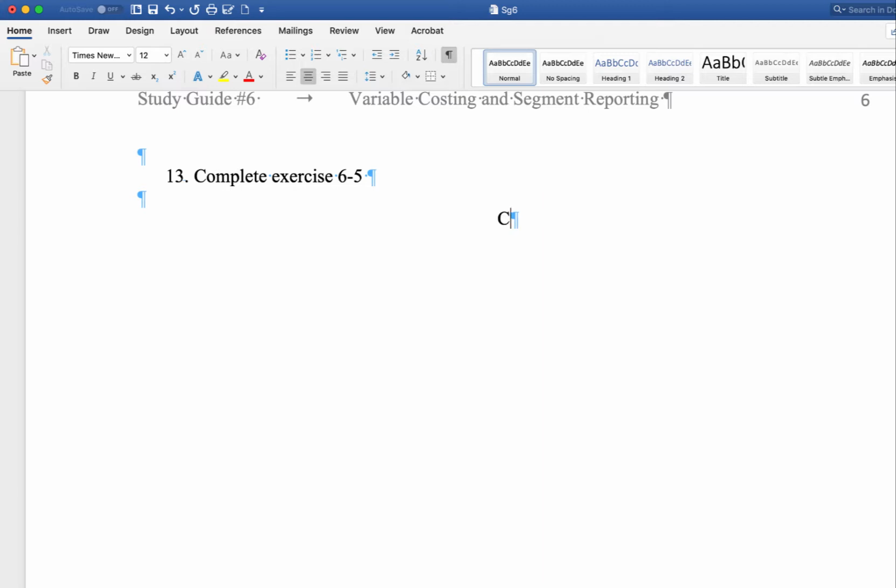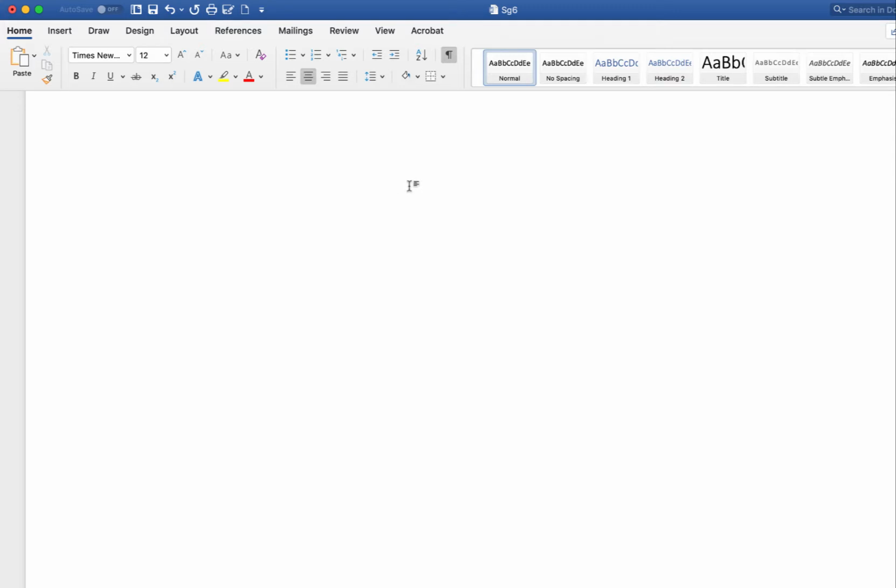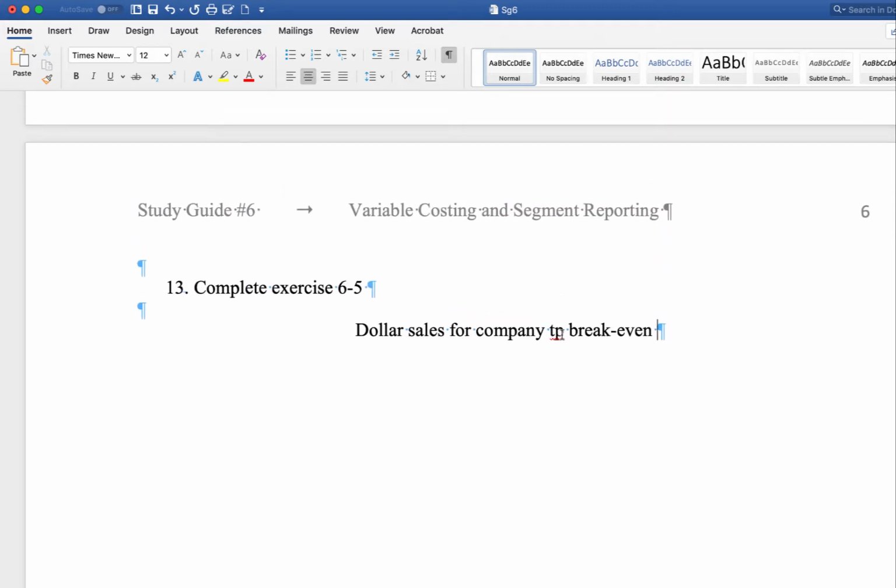Well, if we're looking for the company, let's just say COMP, and we'll do dollar sales because that's what they're asking for. Okay, so to calculate dollar sales for company to break even, sorry guys, this new mouse is killing me.